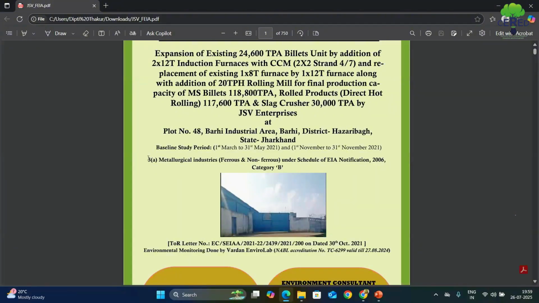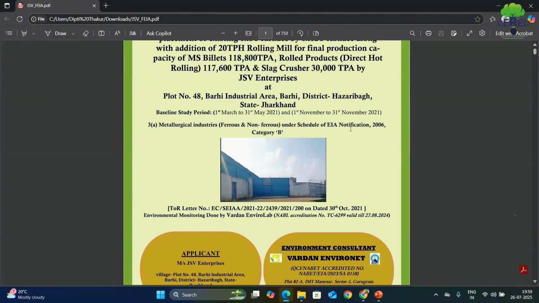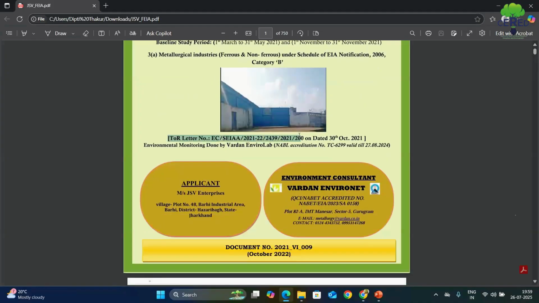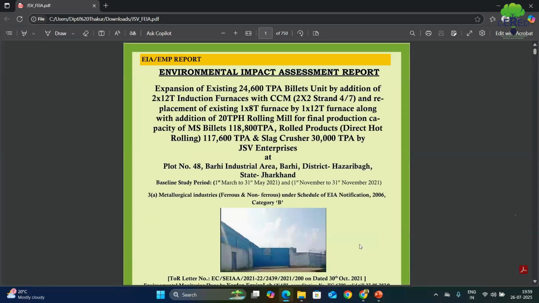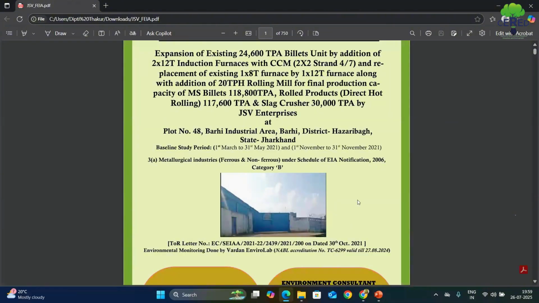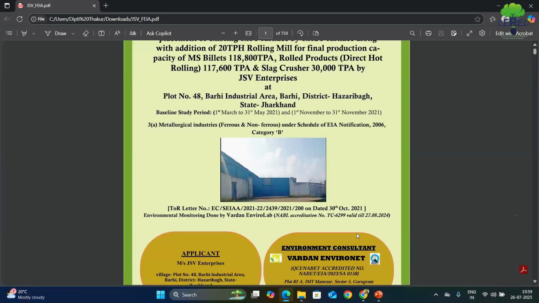Next are the sector and the category of the EIA, and this EIA is prepared following the notification of 2006. This is a TOR letter, and the TOR was given by SEIAA on 30th October 2021. Here is the name of the environmental consultant, and here is the name of the applicant, the project proponent, and their address. So this is an example format, a demo, a complete summarized view of a project.